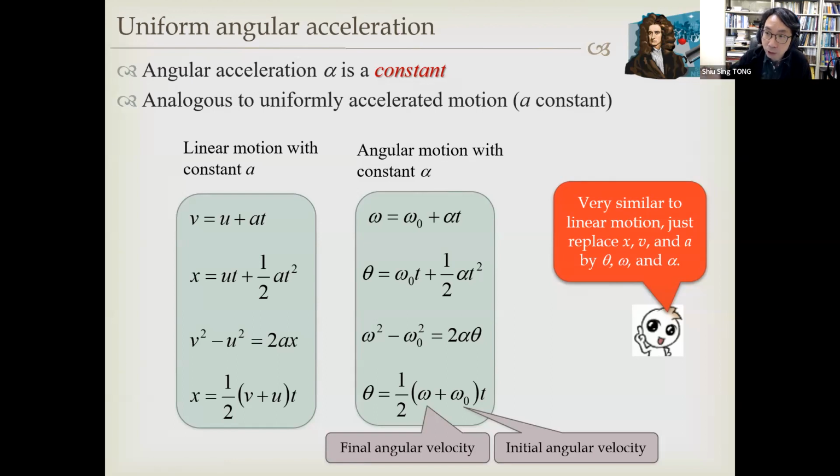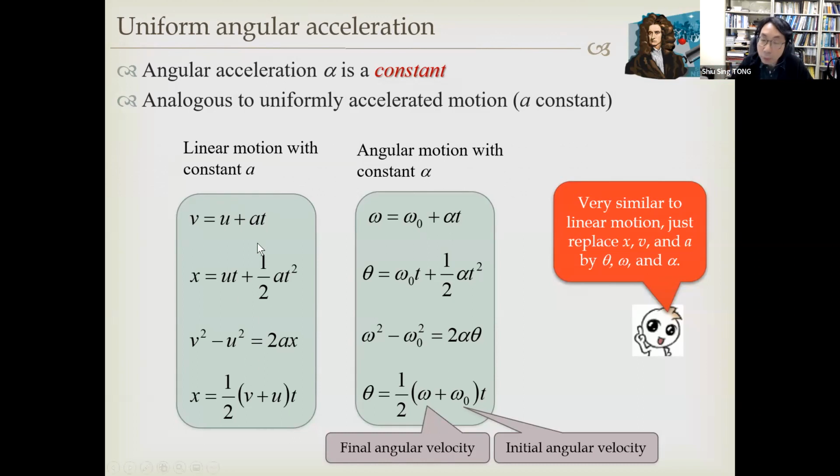The mathematical structure of the linear motion is exactly identical to that of the rotational motion. So if you are studying a motion with a constant alpha, that corresponds to a motion with constant a for the linear case. So you can use the result you got from the linear case, and replace the quantities with the angular counterparts to arrive at the angular relationships. That's exactly what we are going to do.